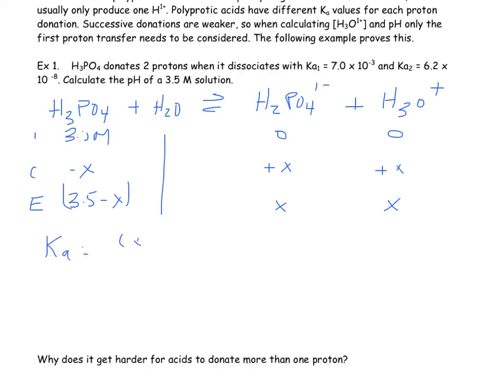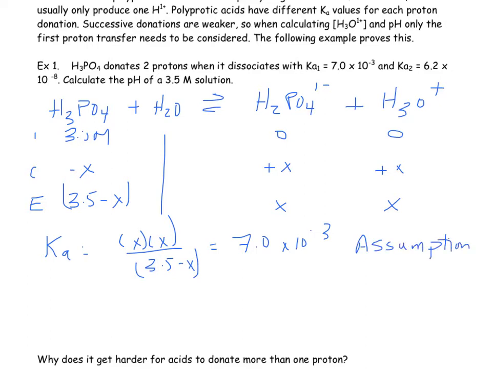The Ka for the first proton is 7 times 10 to the minus 3. Now I need to solve for X. I don't want to do quadratic, but the assumption works. Just barely. If I take 3.5 and divide it by the Ka, it just equals 500. That means I can ignore this minus X here.